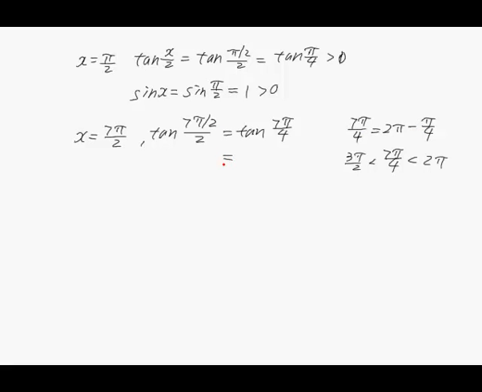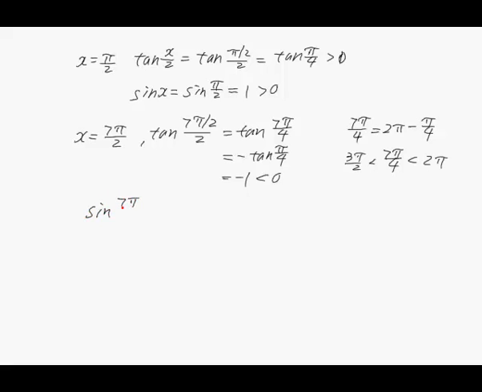And in quadrant 4, tangent is positive or negative? Negative, right? So this is equal to negative tangent of pi over 4. And this is equal to negative 1, which is negative.